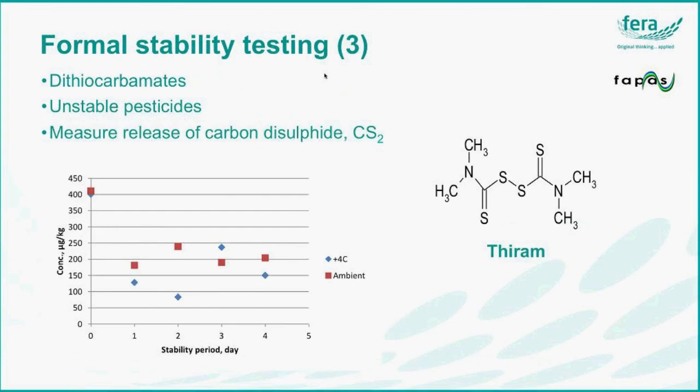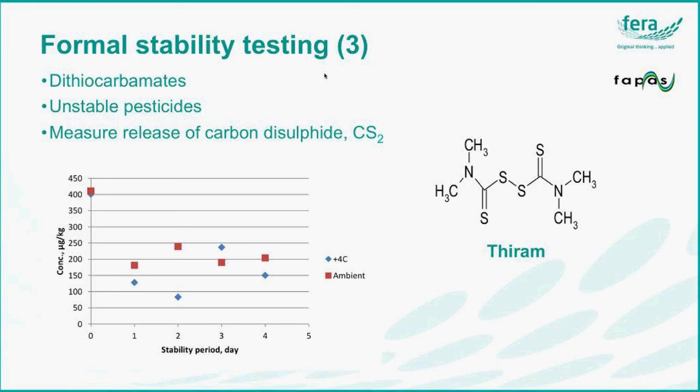Another specific example was for dithiocarbamates. These are very unstable pesticides, and in fact its analysis exploits that because it measures the release of carbon disulfide as the dithiocarbamates break down. A typical example would be Thiram. Again, before we released our first proficiency test on this, we carried out a levelling stability exercise.